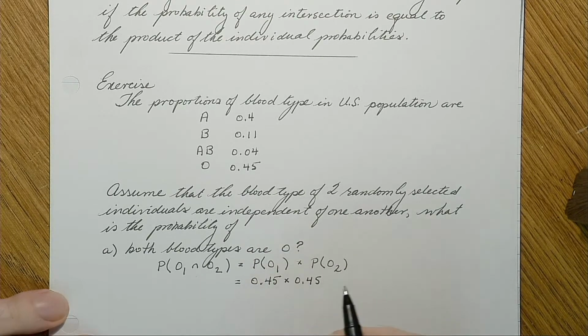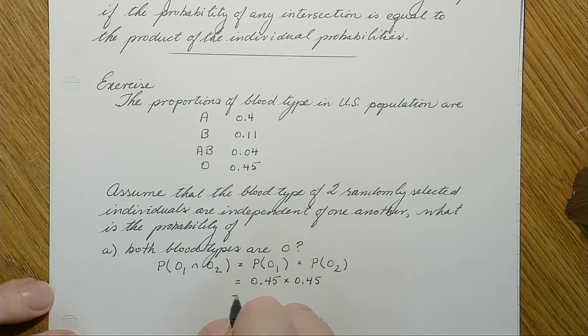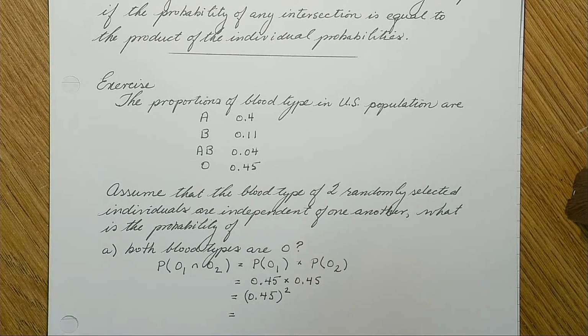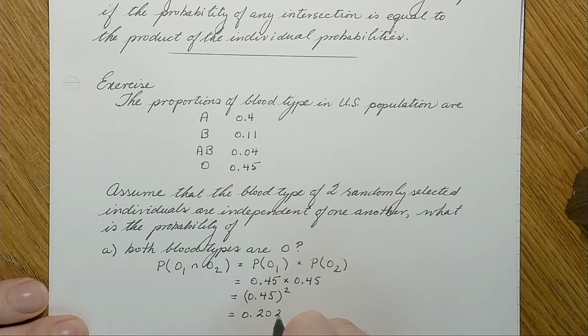So yes, as some people have been putting in the chat, 0.45 squared, and so I'm getting 0.2025.